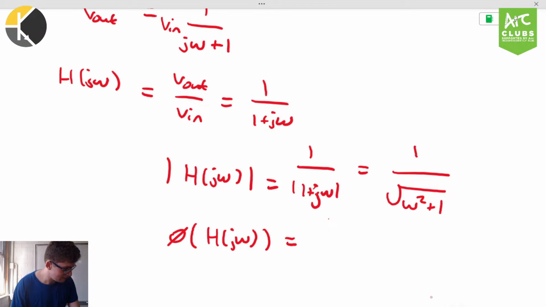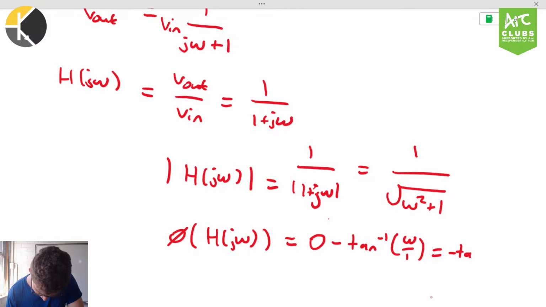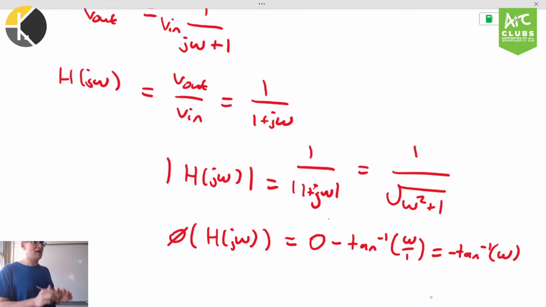So we will find that it is 0 minus the arctan of omega divided by 1, which is equal to minus arctan of omega. Does that make sense to everyone? You need to know some basic complex number rules for that. All good? All right.